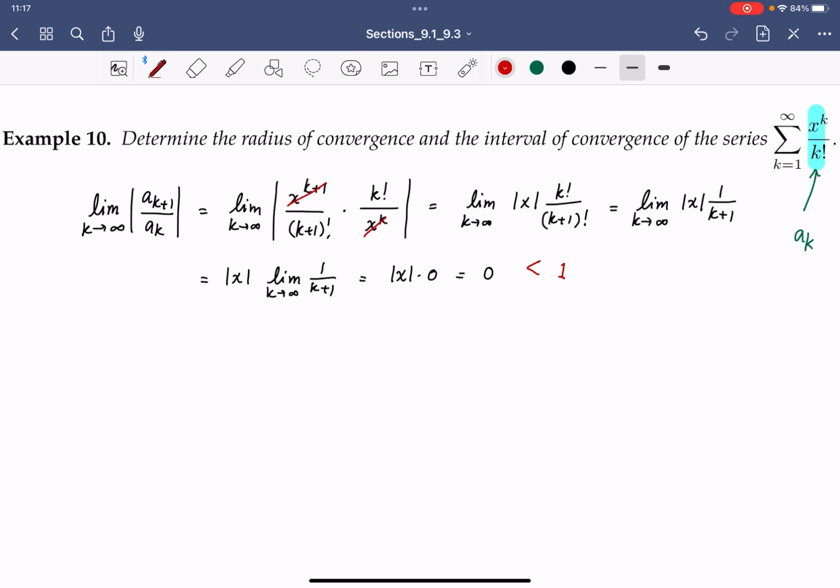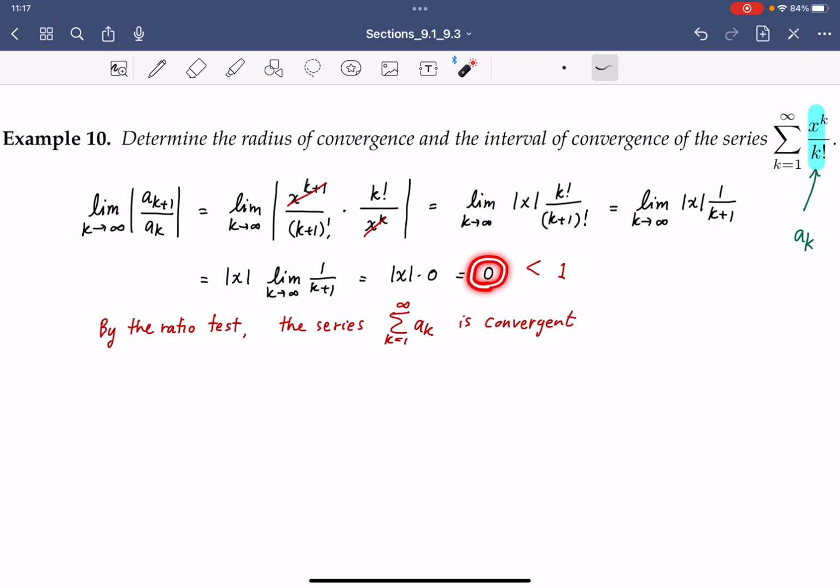So by the ratio test, the series summation a subscript k is convergent, right? Because for any x value, you always get 0 here, which is less than 1.